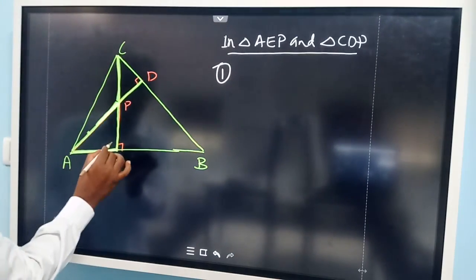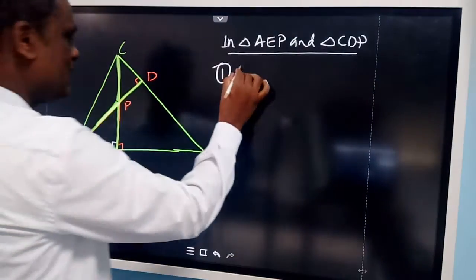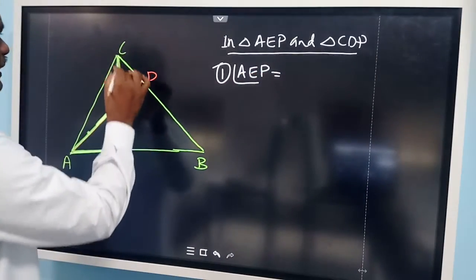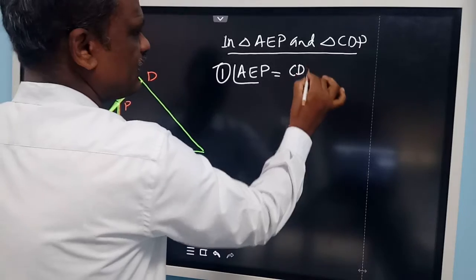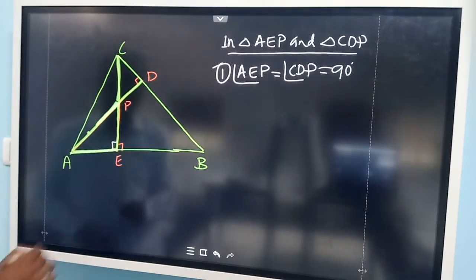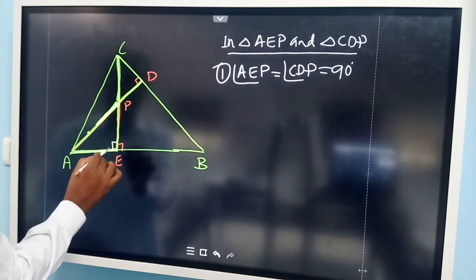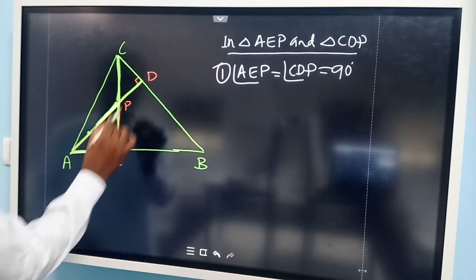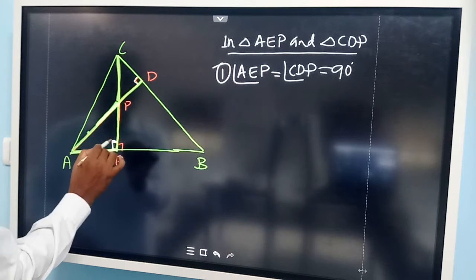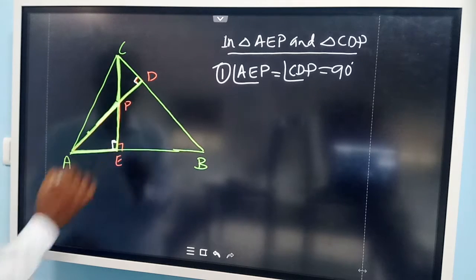In triangle AEP this is 90 degrees, so angle AEP is equal to angle CDP, which is 90 degrees. One angle is perpendicular, because it's an altitude, so it makes 90 degrees. So this angle is equal to this angle: AEP and CDP.